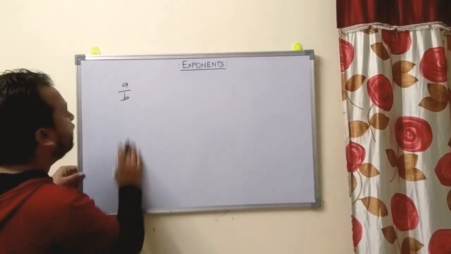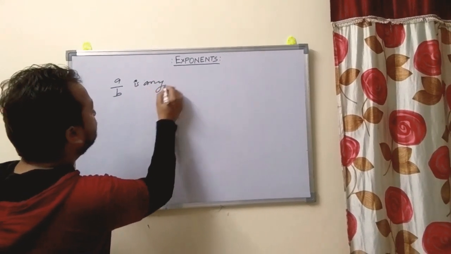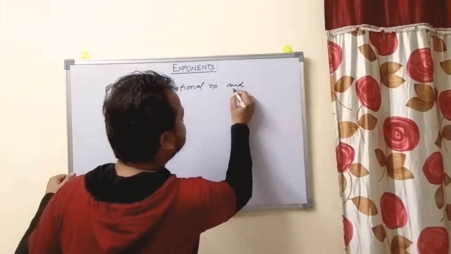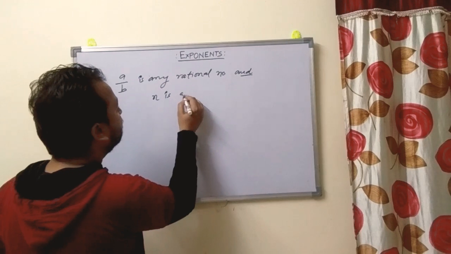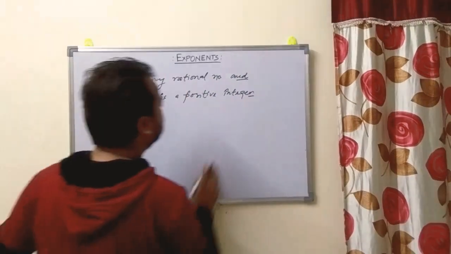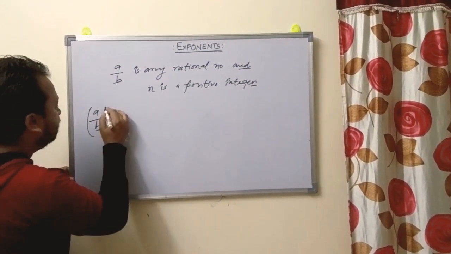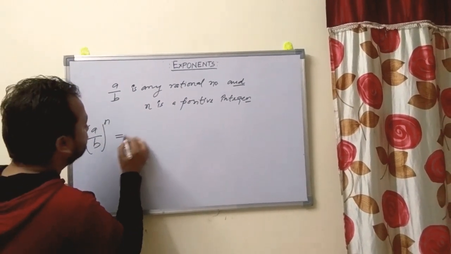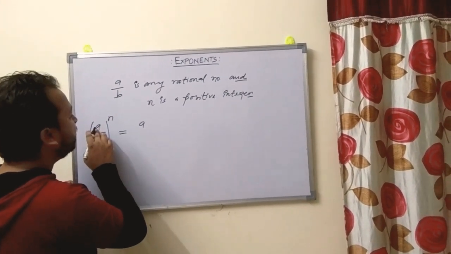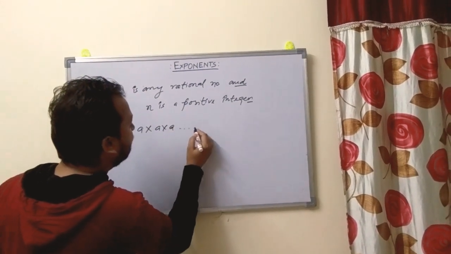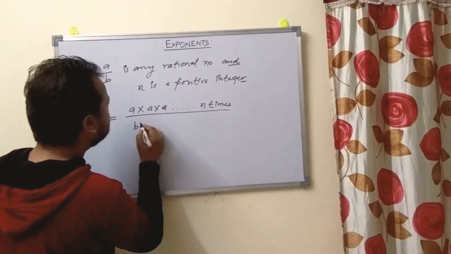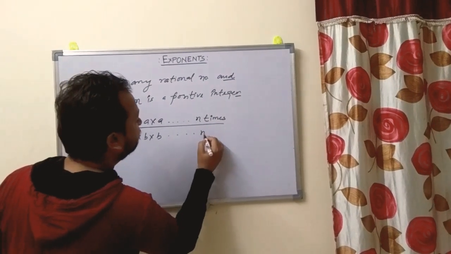If a by b is any rational number and n is a positive integer, then (a by b) whole power n, you can write it as a power n, where a is written n number of times, and b is also written n number of times.